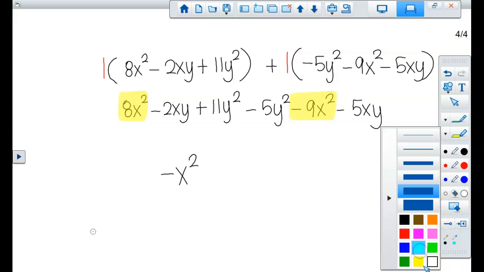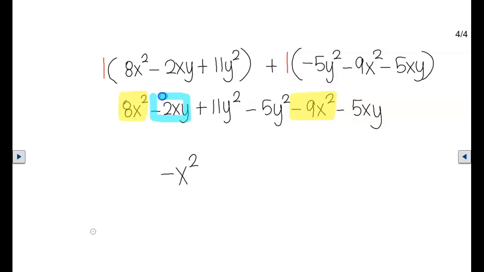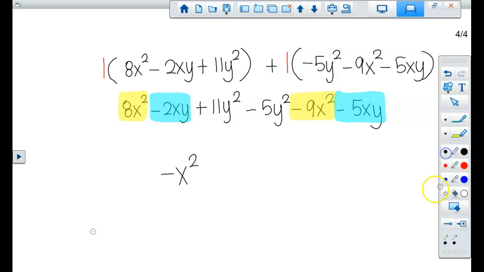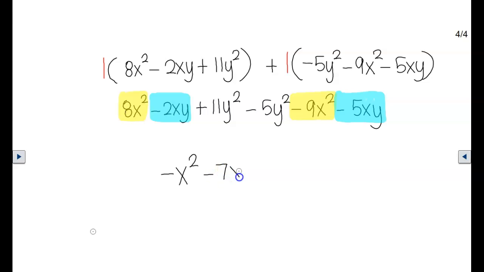So we get a negative 1x squared, negative x squared. All right, my next term is a negative 2xy. So now I need a term that has an x and a y. I see that out here on the end with negative 5xy. So we'll combine here. Negative 2 minus 5 is a negative 7xy.